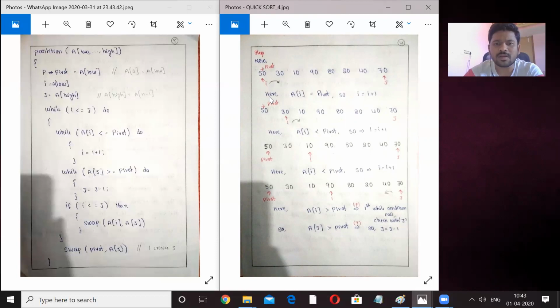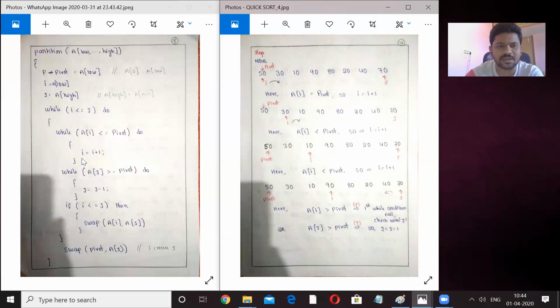Initially, i is located at the first location and j is located at the last location of the array. The first condition is: while i is less than j, do. While A[i] is less than or equal to pivot. The value of A[i] is 50 and the value of pivot is also 50, so A[i] is equal to the pivot element.